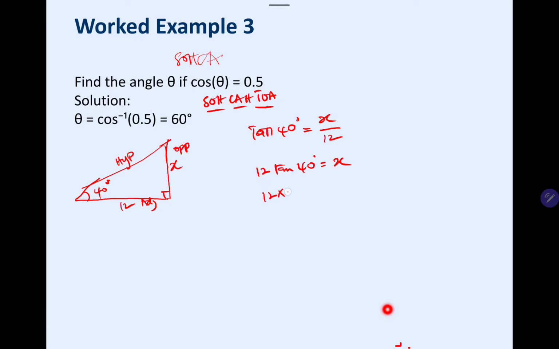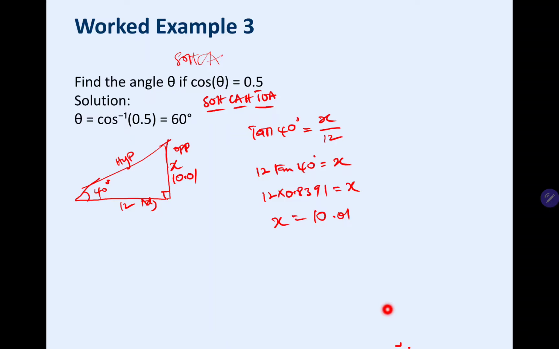So this is now 12 times 0.8391. So we can then say x is equal to 10.01. Okay, so we can then say this side is 10.01.